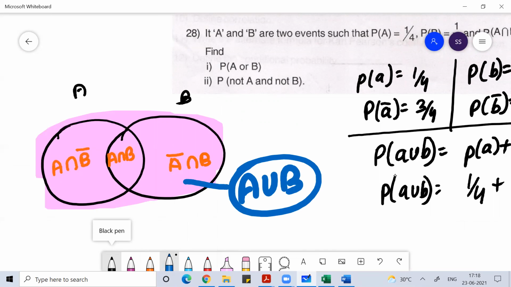Whatever is outside, that is neither A nor B. So not A, not B means neither A nor B, and it means intersection.